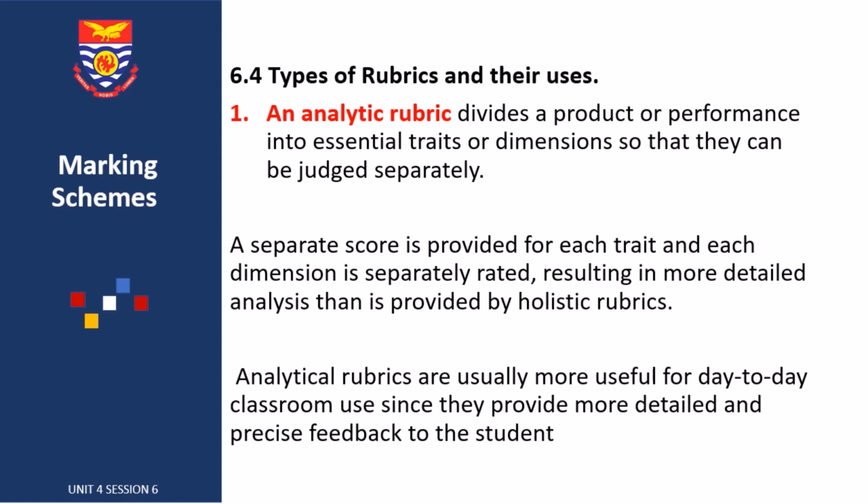So as I've already explained, it is to divide it into marks such as factual marks, method marks, and then accuracy marks. A separate score is provided for each trait, and each dimension is separately rated, resulting in a more detailed analysis than is provided by holistic rubrics.